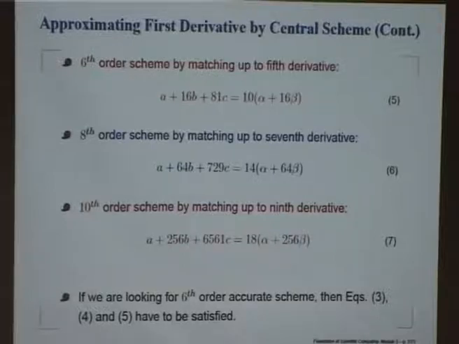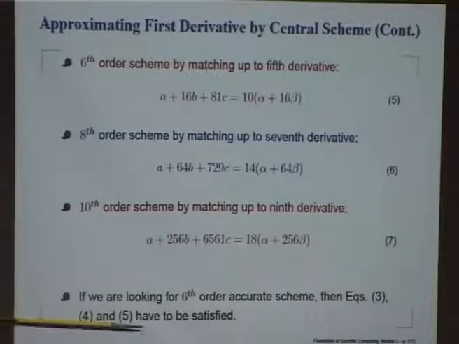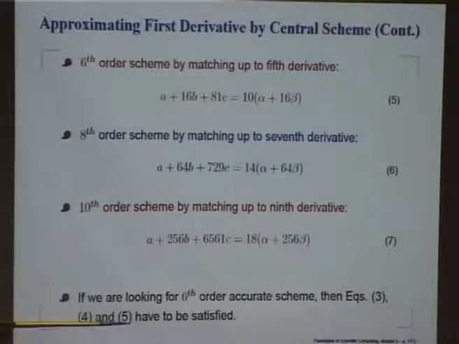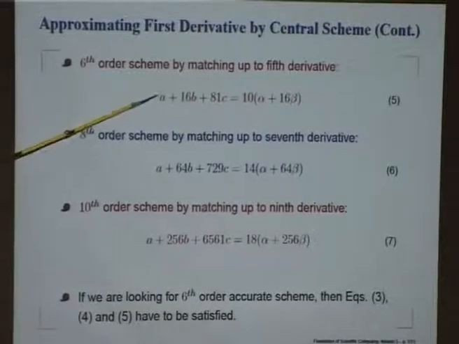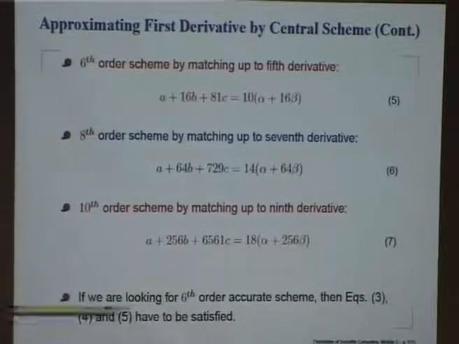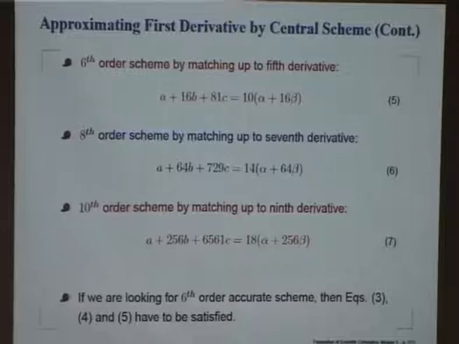However, if you decide to go for a 6th order scheme, then you will be solving these 3 equations, right? That is for the first derivative, the third derivative, and the 5th derivative. So this is up to the 5th derivative, and we have 3 equations.